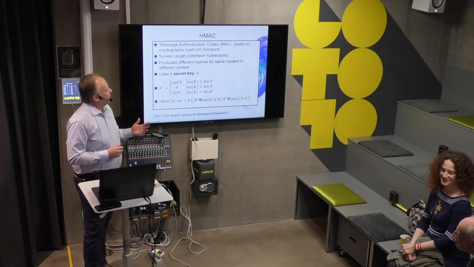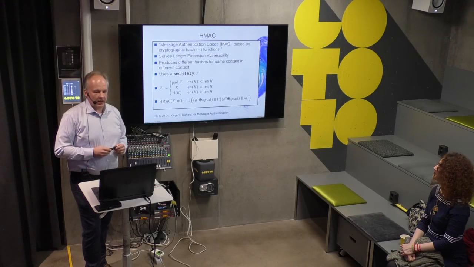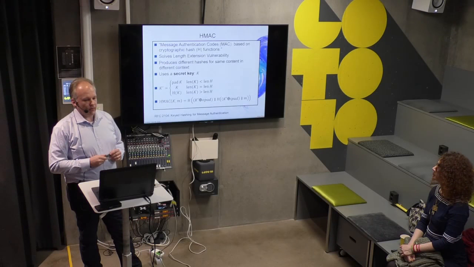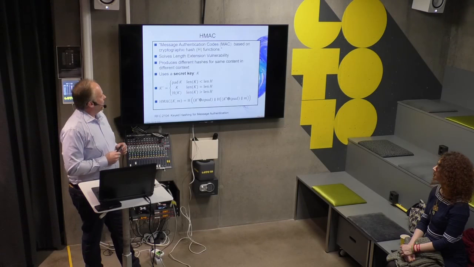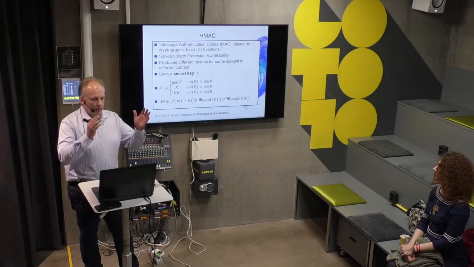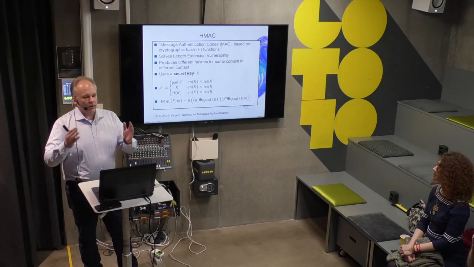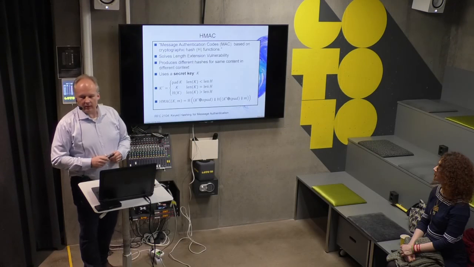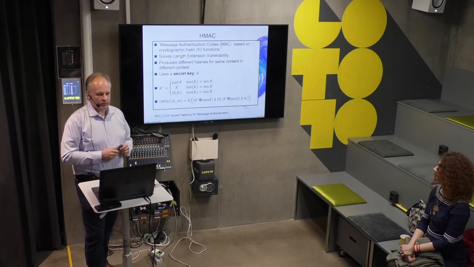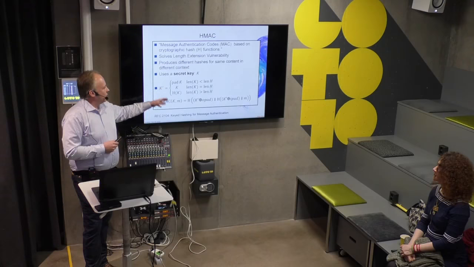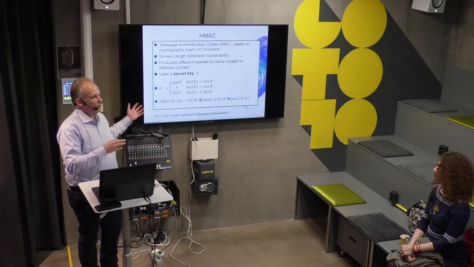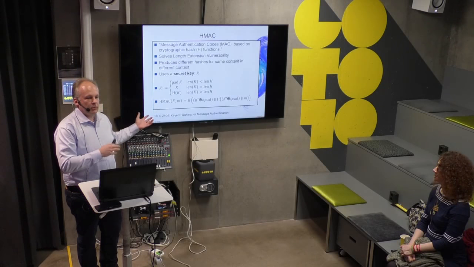So HMAC, message authentication, or hashed message authentication codes. So the point here is to solve the length extension vulnerability when you compute the hash on results of earlier hash computations. And so we don't have to go into the formula as such, but the point of HMAC is to know what it is, because you will see it.